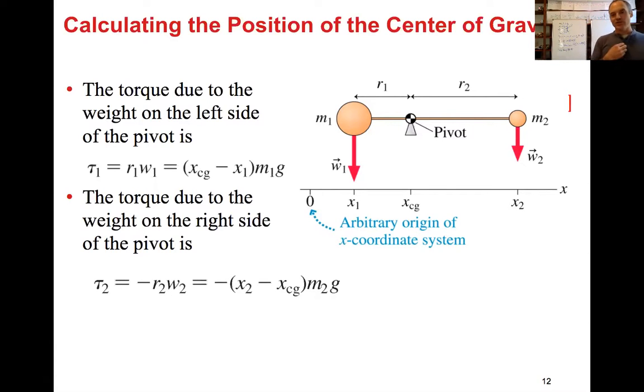Using our equation that we used before, knowing that R is your radius and W is your weight, for torque 1, it's the center of gravity, which is your center point, minus your x1, which is the position of that weight, times mass 1 times gravity, is going to be equal to the R2 position and the weight 2.